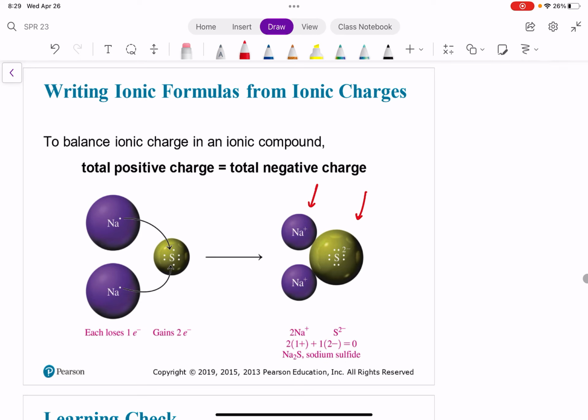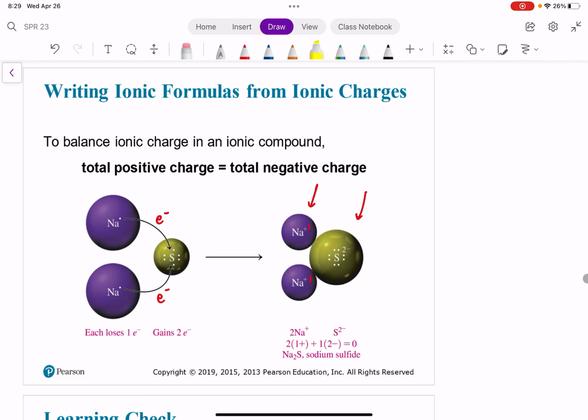And when that happens, what is sulfur's charge now? Because it hasn't just gained 1 electron, right? It gained 2. So if it gained 2 electrons with negative charges, its new charge is 2 minus, because it gained those 2 negative charges. Is sodium going to have a 2 plus charge? No, each sodium is going to have 1 plus charge, but we have 2 sodiums.